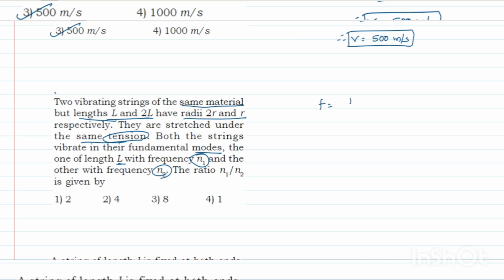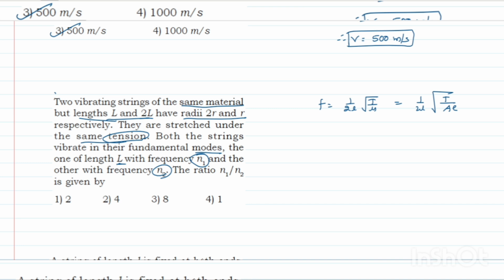So F equals 1 by 2L into root over T by mu. In terms of area, it is 1 by 2L into root of T by A into rho, so instead of linear mass density you can take A into rho.